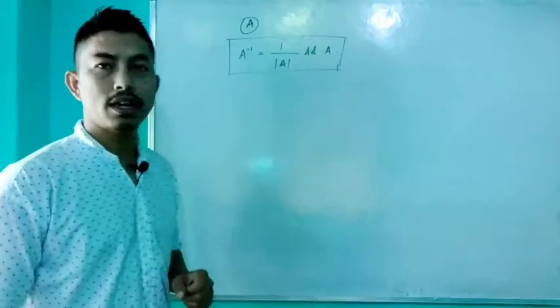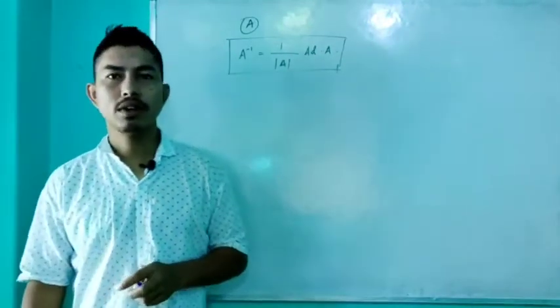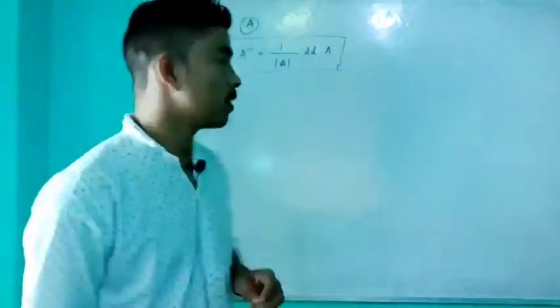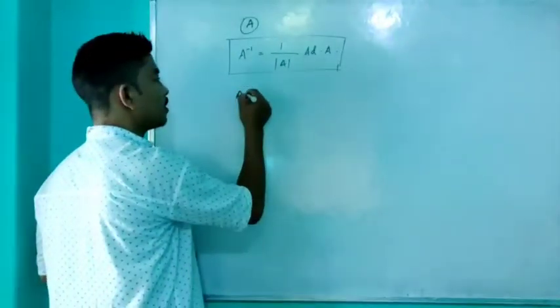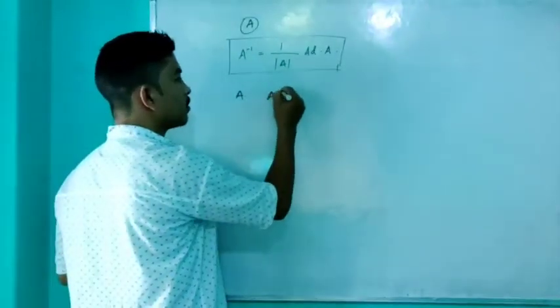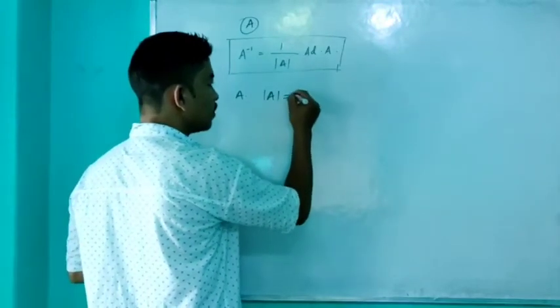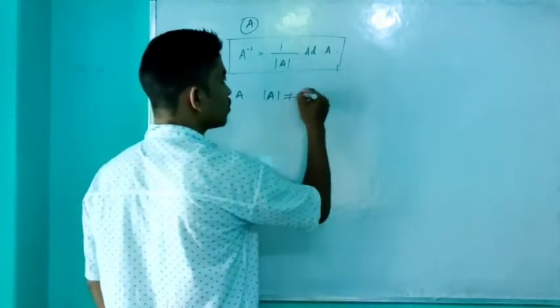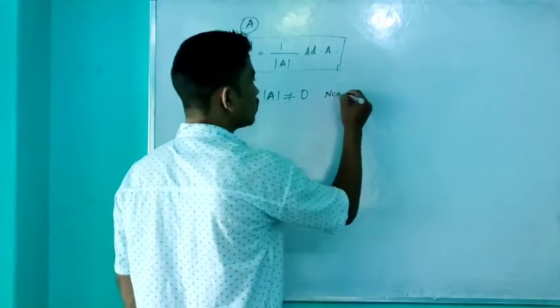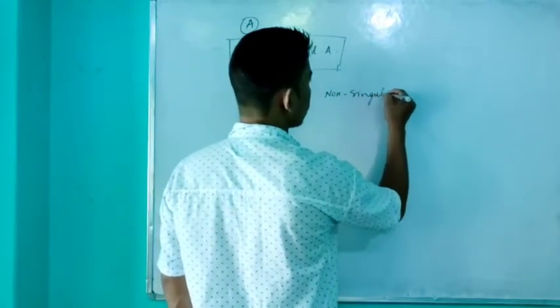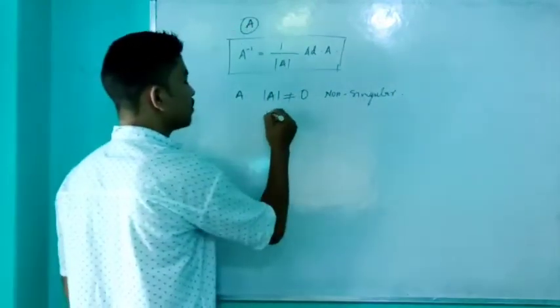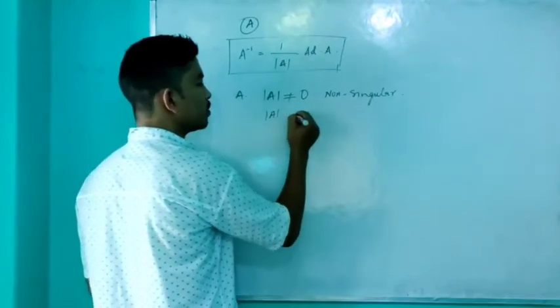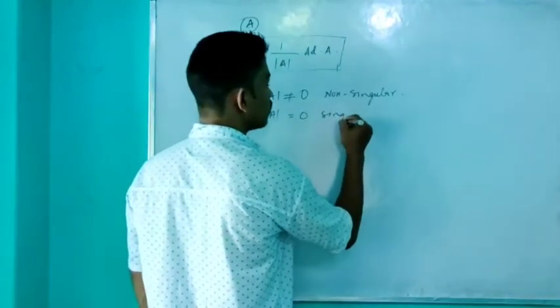Also remember that the inverse of a matrix exists only if the matrix is non-singular. Non-singular means suppose I have a matrix A and you find the determinant of A, and if the value of its determinant is not equal to 0, then it is known as a non-singular matrix. If the value of the determinant of the given matrix is equal to 0, it is known as a singular matrix.